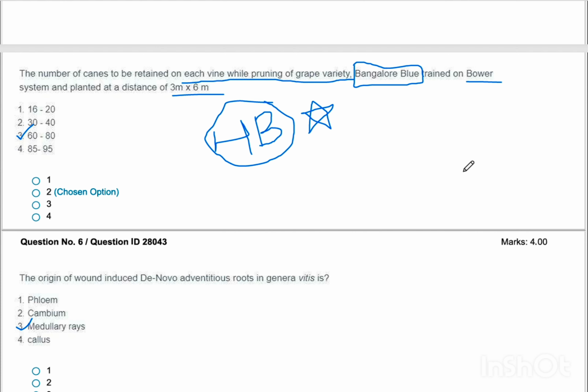So Bangalore Blue, with a distance of 3 into 6 meter in the bower training system, the canes retained must be 60 to 80.